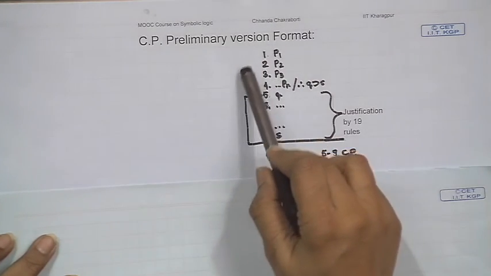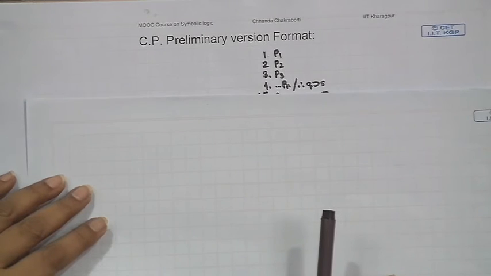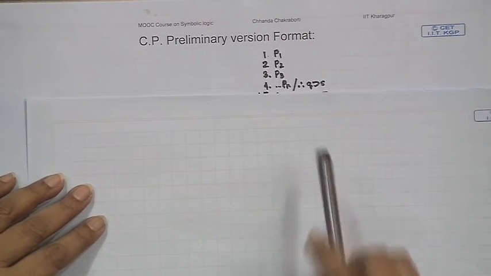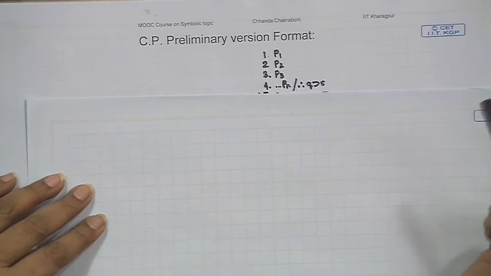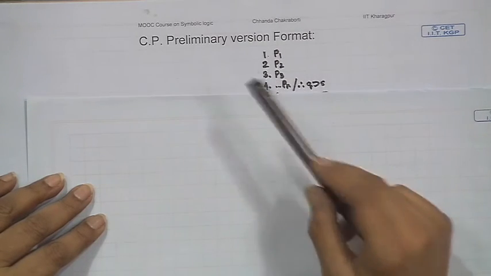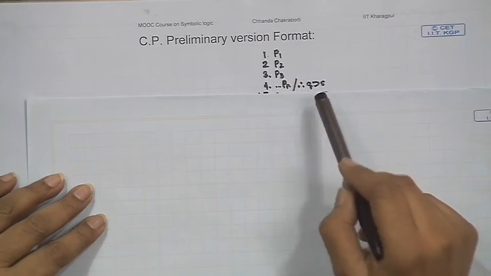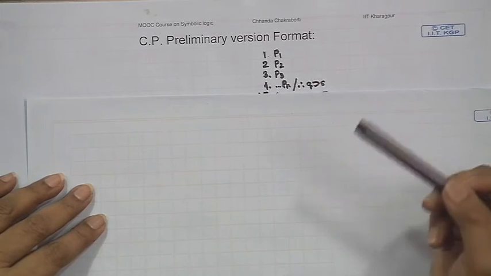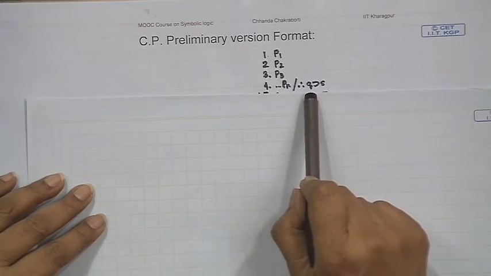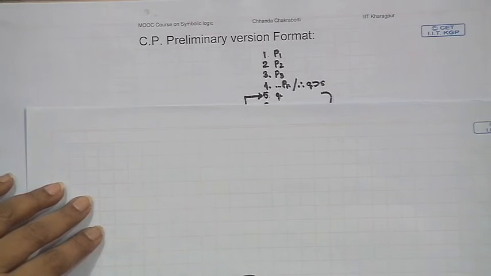So, here is your proof, here is your original argument, which happens to have a conclusion which is Q horseshoe S. These are all your premises given. The conclusion is Q horseshoe S. What the preliminary version of CP will allow you is to add Q further as your limited scope assumption. Immediately the bent arrow will take over.